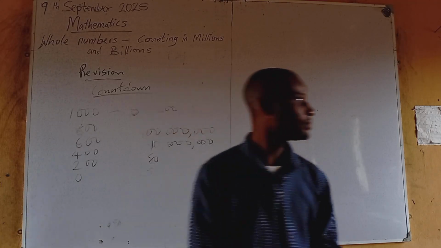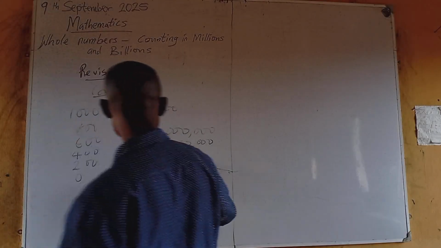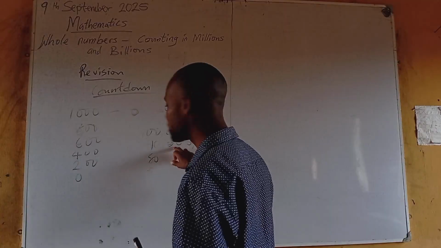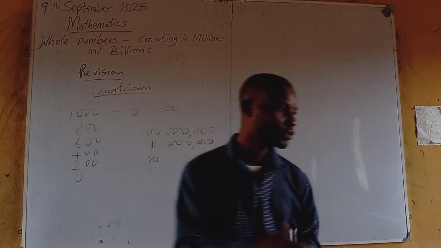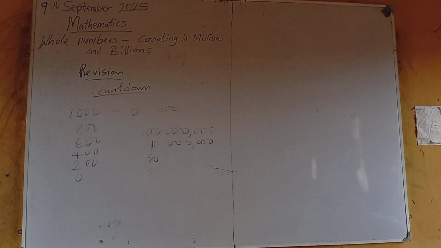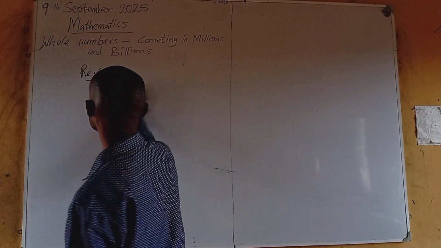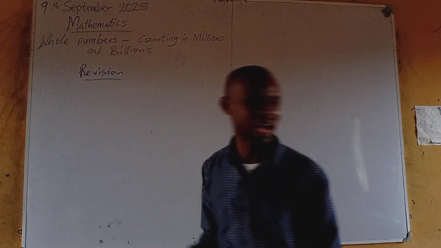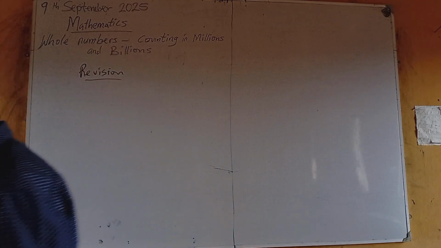So you get the idea. For you to know how to count these intervals in millions, and then you know how many digits are there. So we'll just do a few exercises quickly. This is very simple now. If you have any questions, you can ask. Counting forwards is the normal way of counting, but counting backwards can be a little bit of a challenge. That's why you need to do drills.